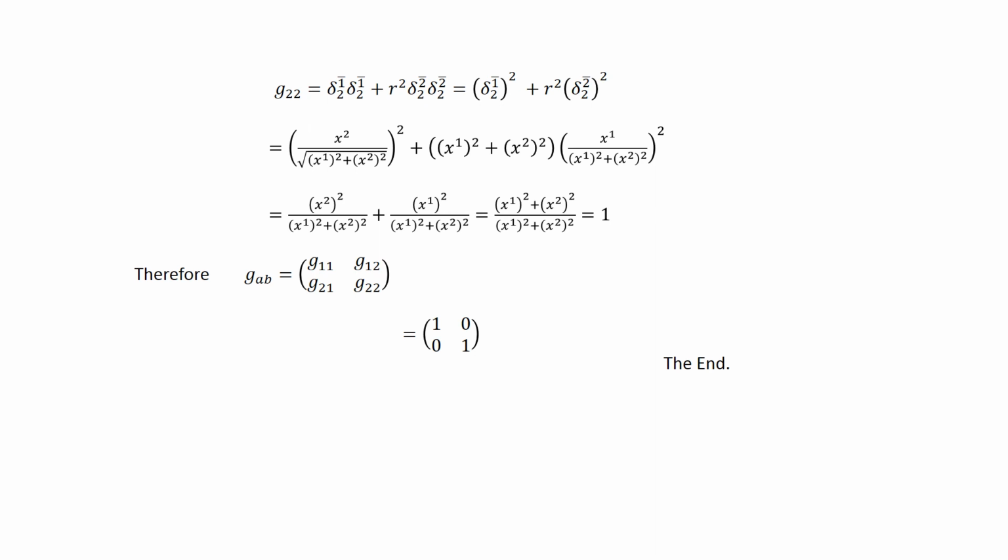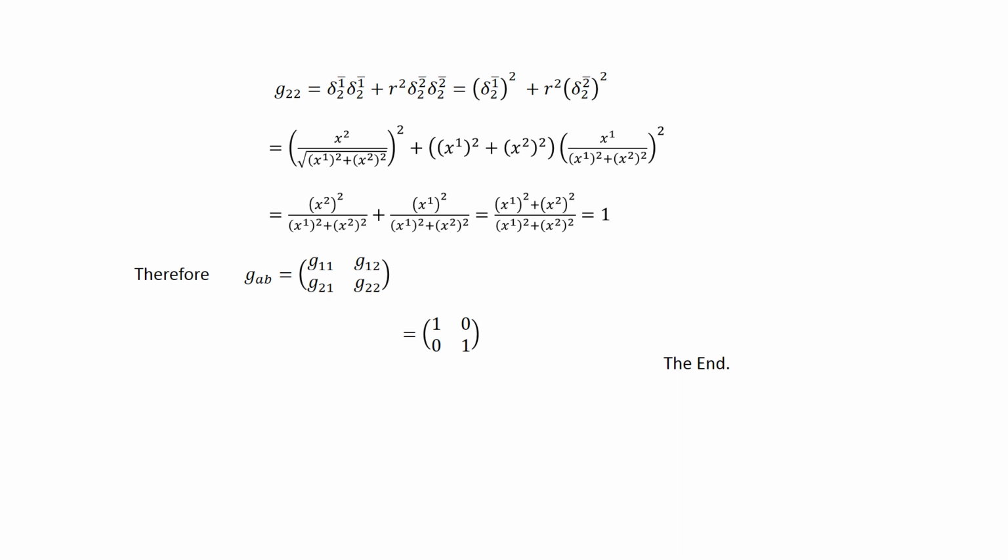Now substituting the values, the second step becomes x2 over x1 square plus x2 square whole square plus, we replace the value of r square, which is x1 square plus x2 square, into the second term, delta 2 bar 2, which is x1 over x1 square plus x2 square whole square.